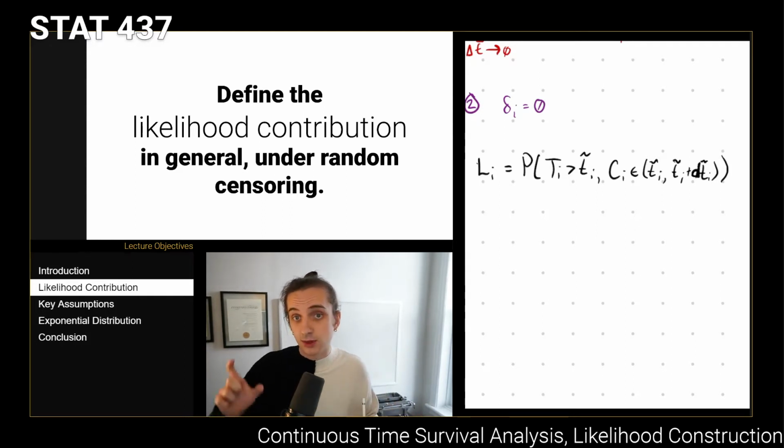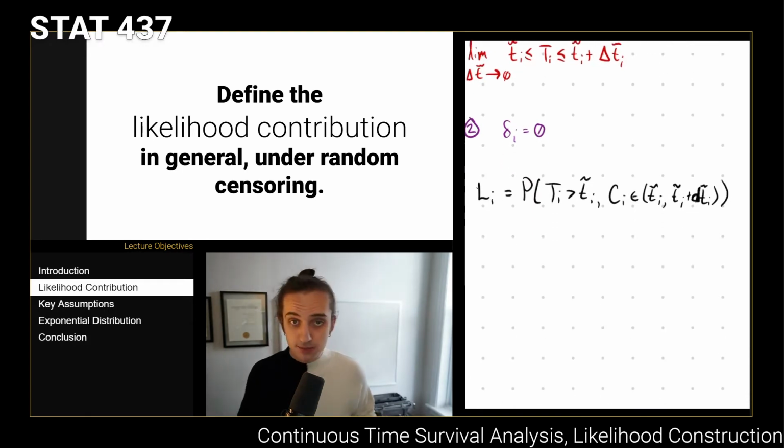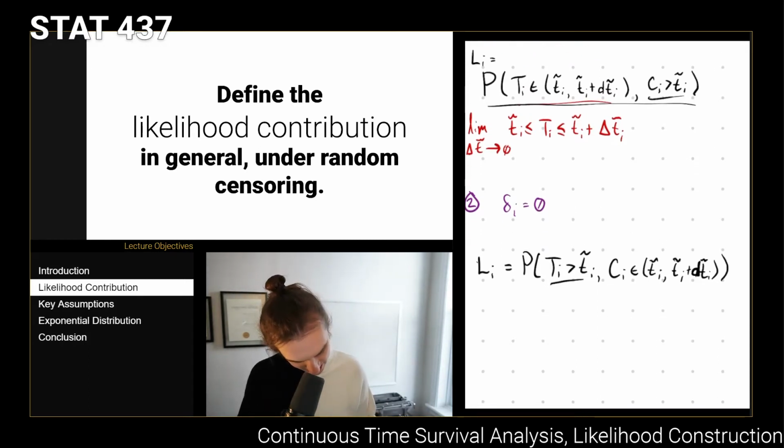In both cases, if we observe the event, then the censoring has to be at least that large, and so we use this condition of ci greater than. And if we observe them being censored, all we know about the event is that it would have happened after the current time, and so we get that likelihood contribution there. Right, and so with these, we can actually write down our full likelihood. I'm going to simplify this notation to prevent me from having to write out too much here.